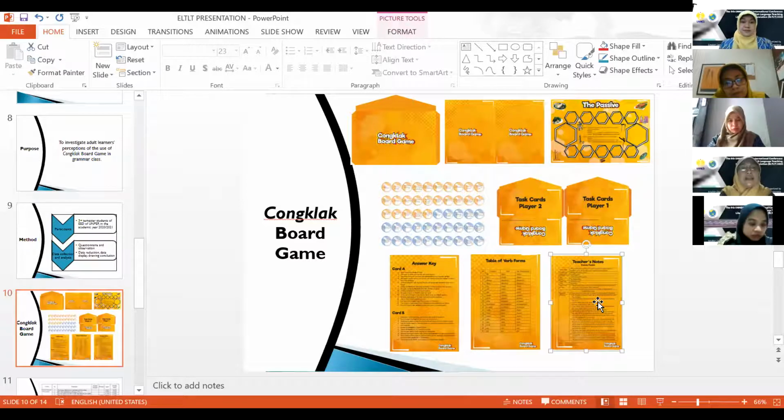I forgot to tell you something. The grammar point of this Chongklak board game is passive voice. So the task cards here are a mechanical practice, some exercises focusing on form.